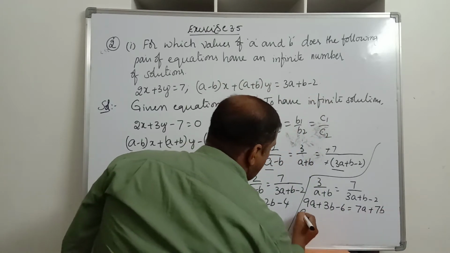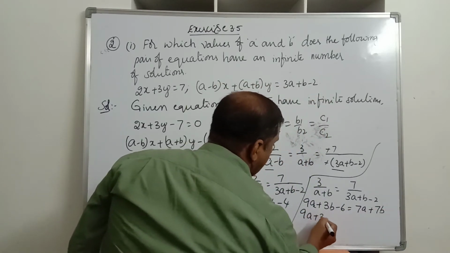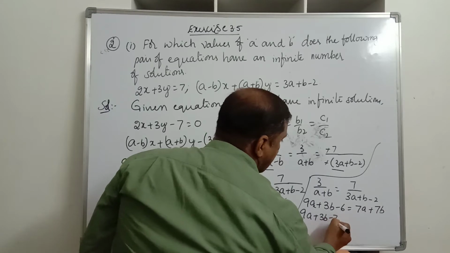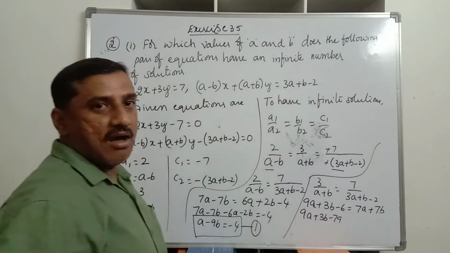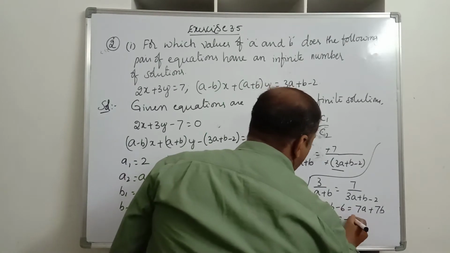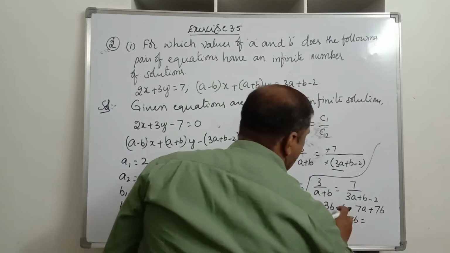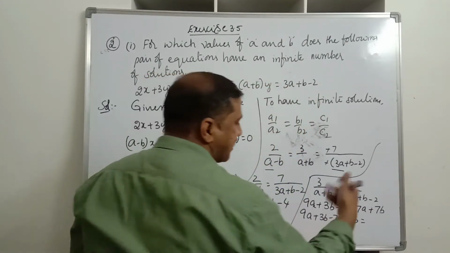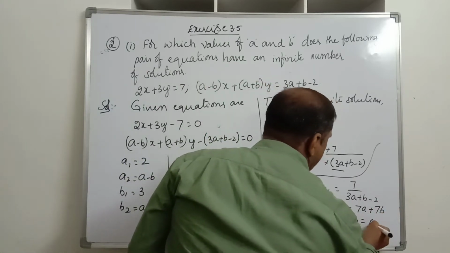So transpose 7a to the LHS, we get minus 7a and minus 7b, is equal to, transposing minus 6 to the RHS, plus 6.